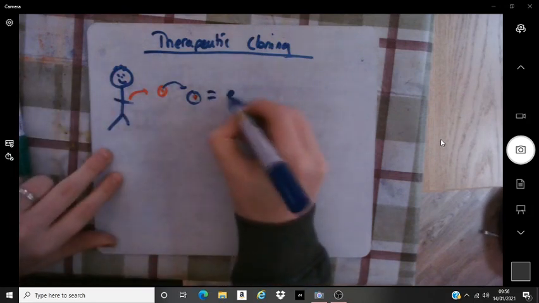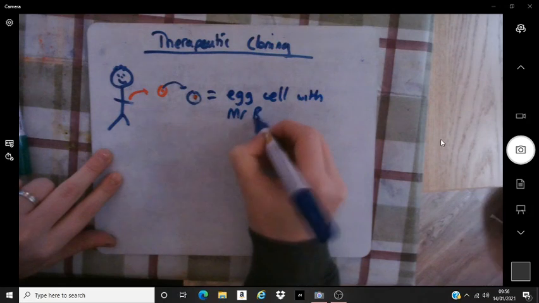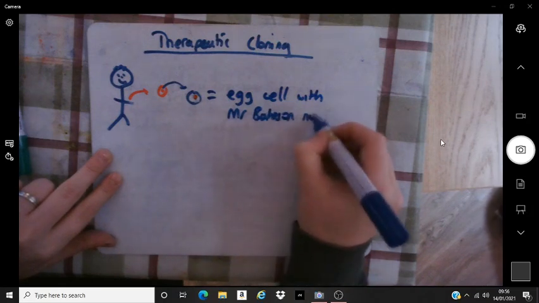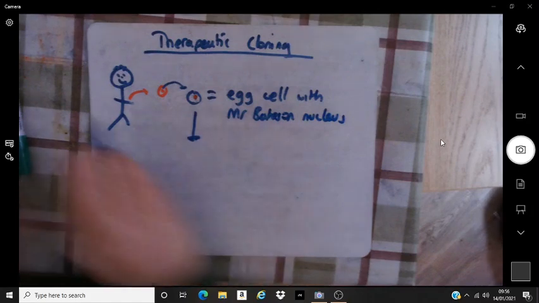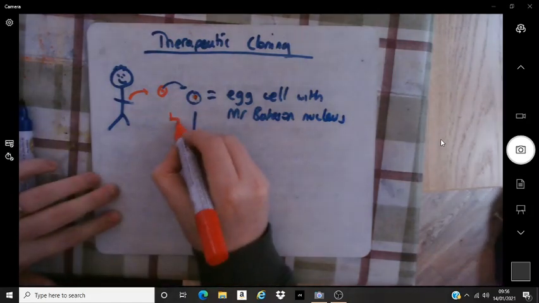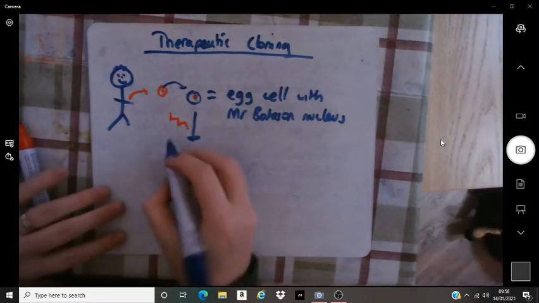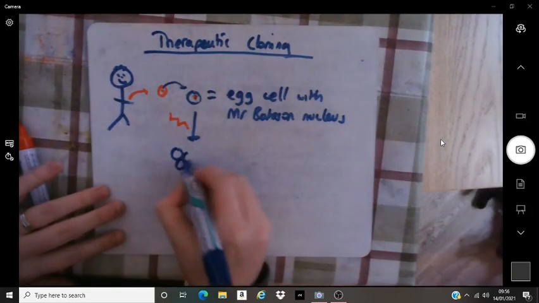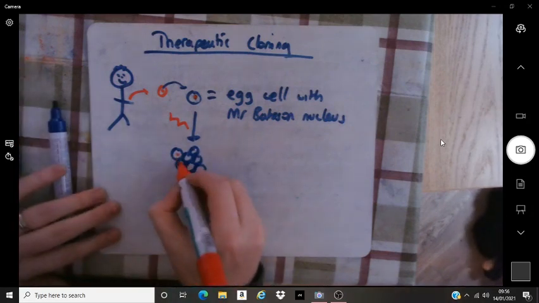So this is an egg cell with a Mr. Bateson nucleus. And then I subjected that egg cell with my nucleus to a little bit of electric current and a couple of other chemicals, and as long as you can trigger it to start dividing, you can actually produce an embryo.